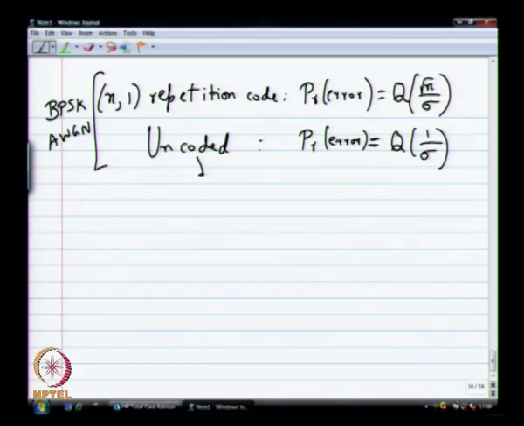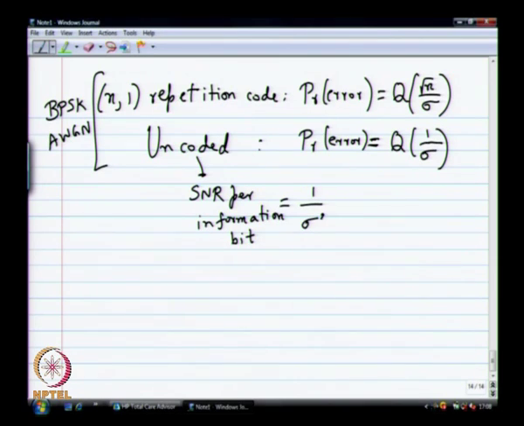Okay. So remember for the uncoded case, the SNR, or SNR per information bit, what is SNR by the way? Signal to noise ratio. I did not say it out loud, hopefully it is known to most people here. This would be 1 by sigma square.